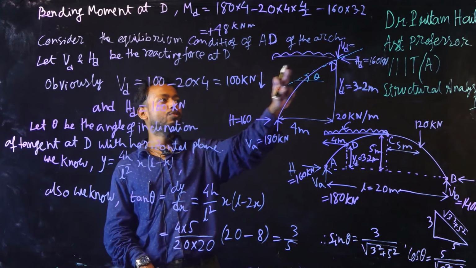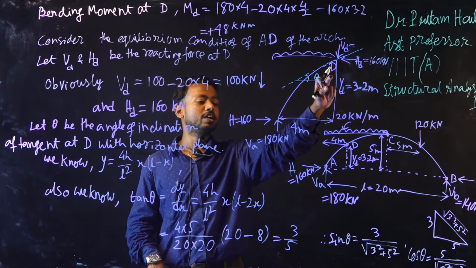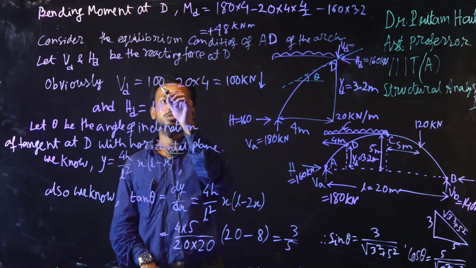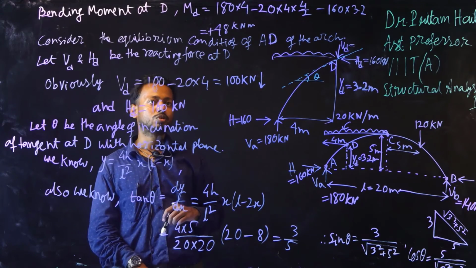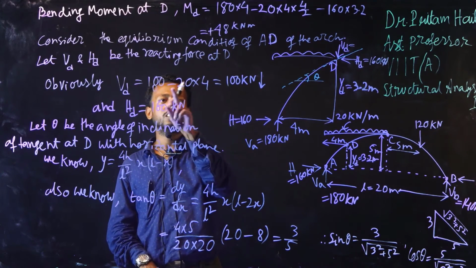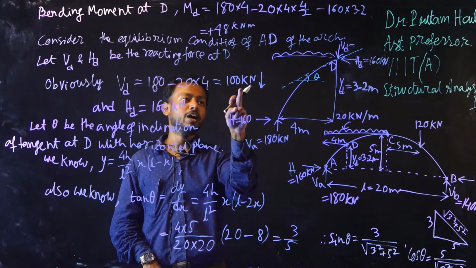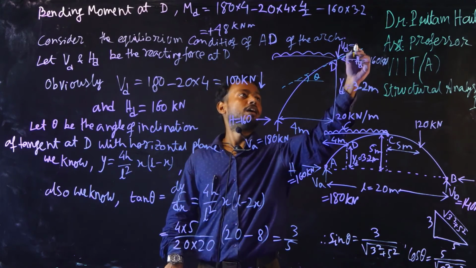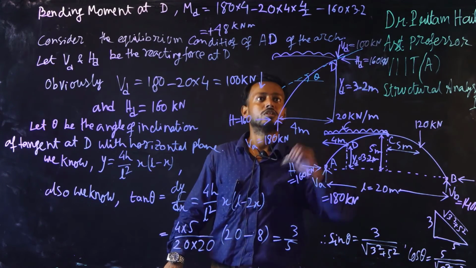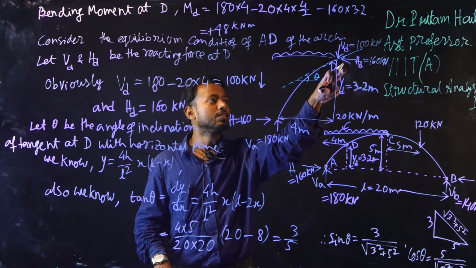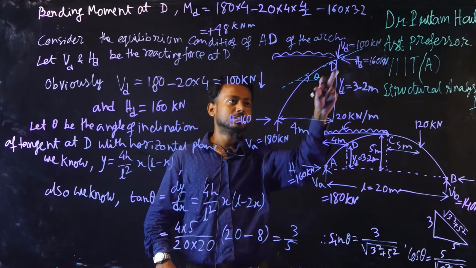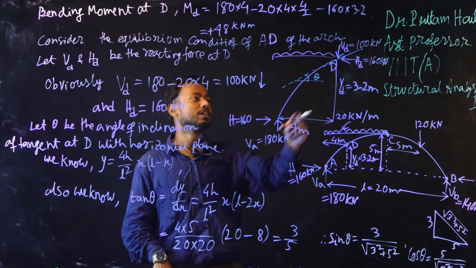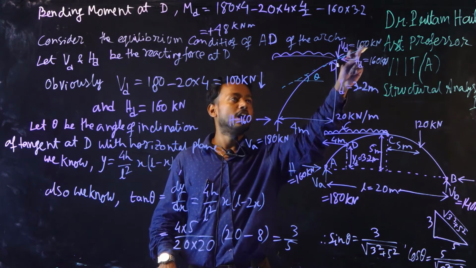So the net force vertically acting at point D will be 180 minus 20 into 4, which is 100, and this force will be downward. So VD will be 100 kilonewton. If VD is 100 kilonewton, then only this portion of the arch will be in vertical equilibrium condition. So I have calculated HD 160 kilonewton, VD 100 kilonewton.